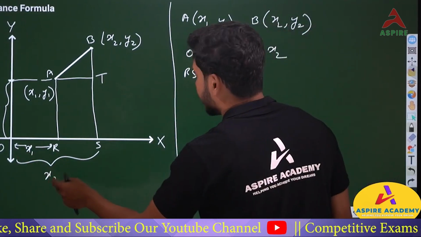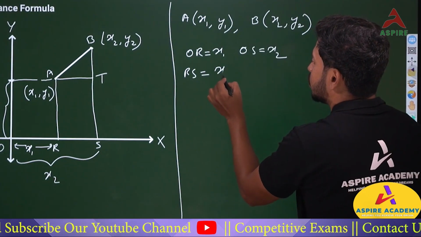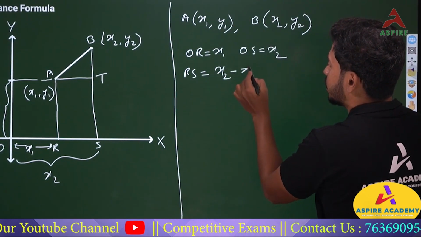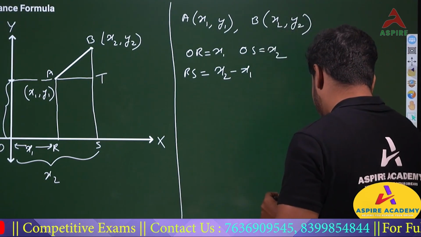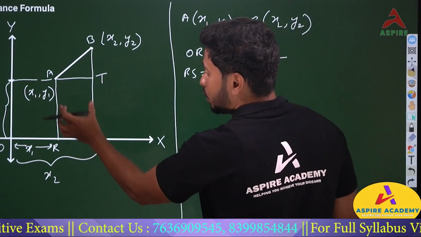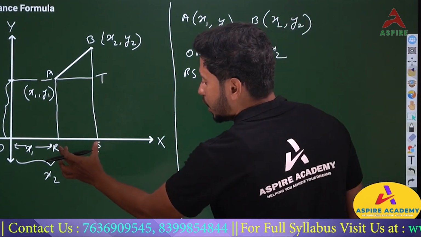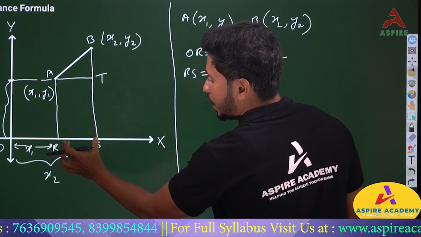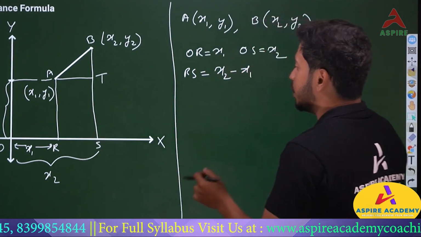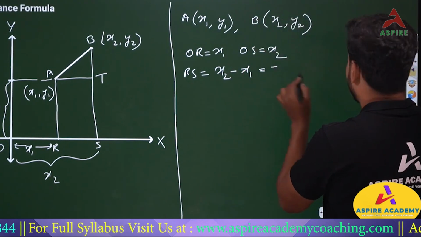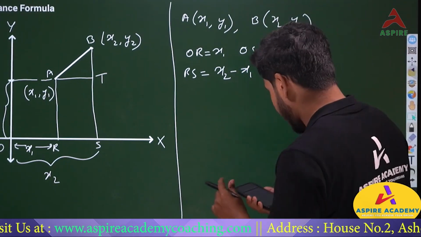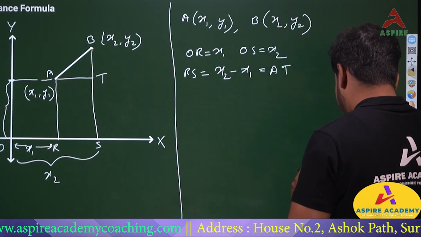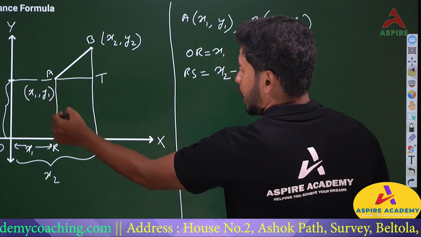What is OS here? OS is x2, and OR is x1. So RS equal to x2 minus x1, and this RS is equal to AT, right? The length of RS is equal to AT.